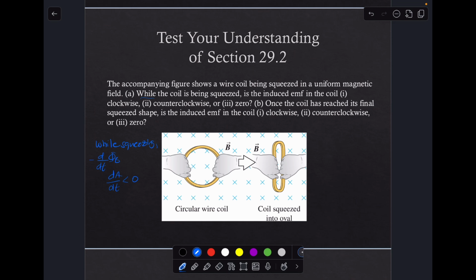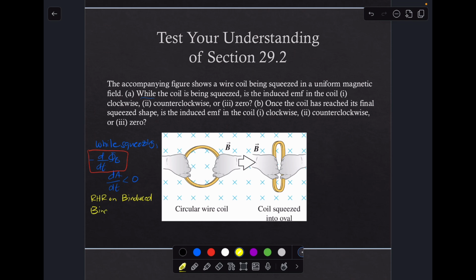So Lenz's law tells you that the direction of the induced EMF that's generated by changing the flux is related to an induced magnetic field that opposes this flux. So we're going to do the right-hand rule on B induced, the induced magnetic field.